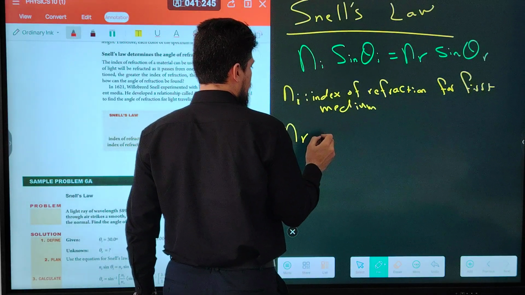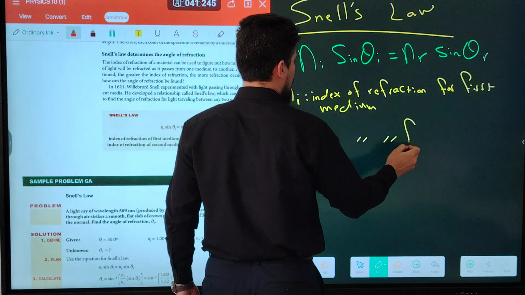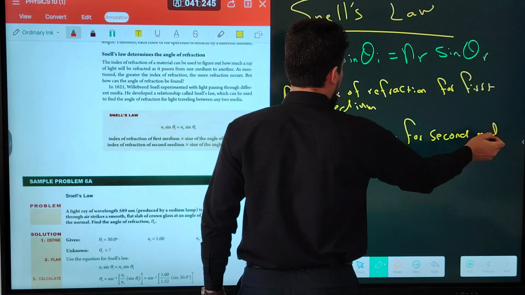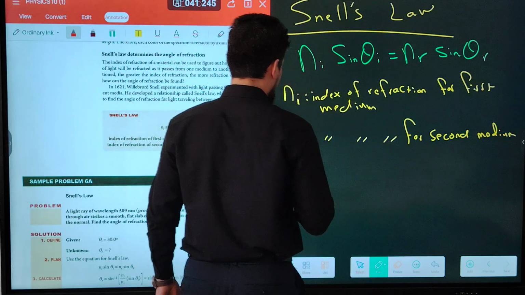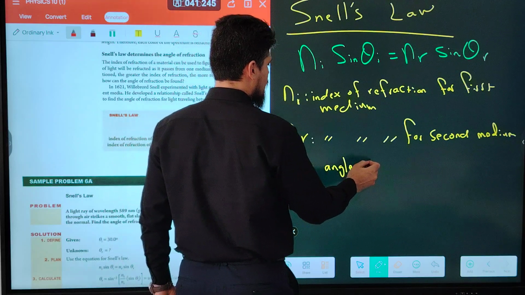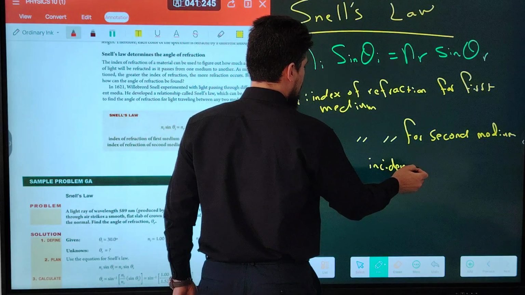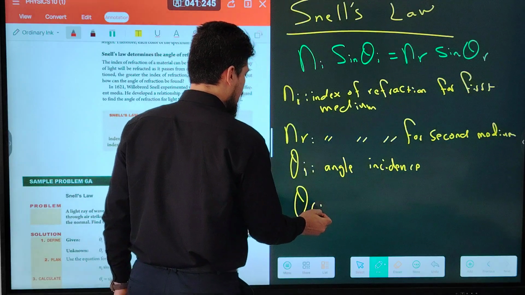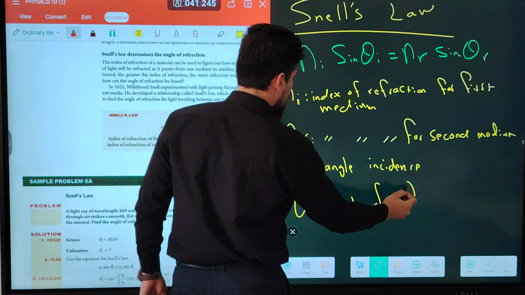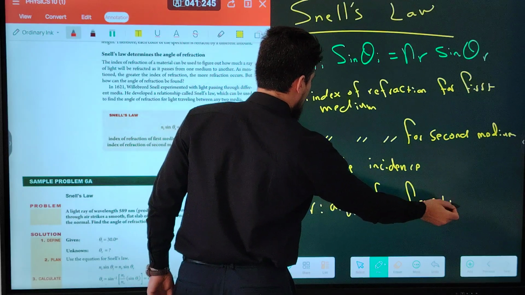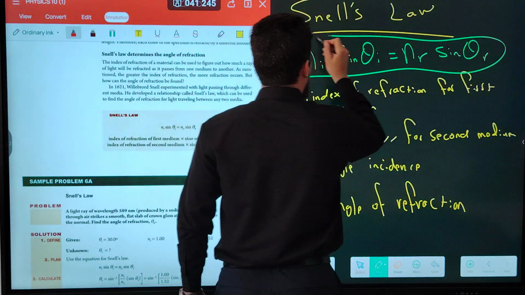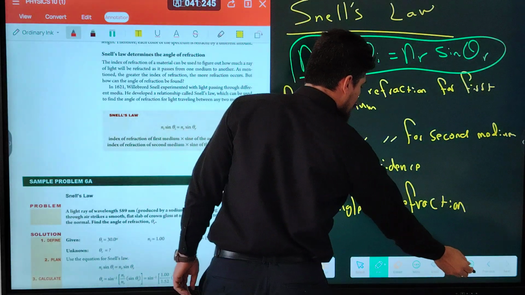Nr is the index of refraction for the second medium, theta I is the angle of incidence, or incoming, and theta R is the angle of refraction. Okay, this is Snell's law to determine the index of refraction and the angle of refraction.